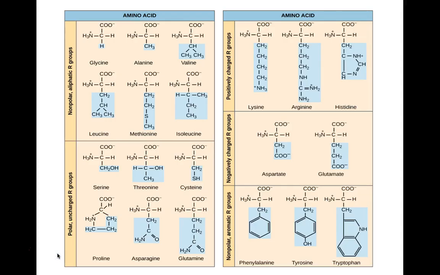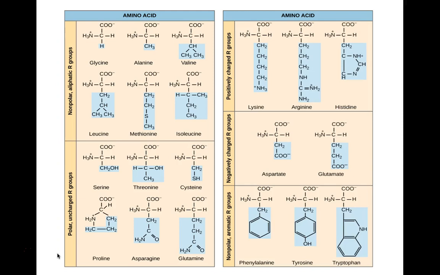Here's an illustration of a table that shows you the 20 fundamental building block amino acids that we find in virtually every organism. The side groups are highlighted in blue. So we can see in the upper left-hand corner, the simplest amino acid in terms of structure is glycine. The side group, or the R group on glycine, is simply another hydrogen.